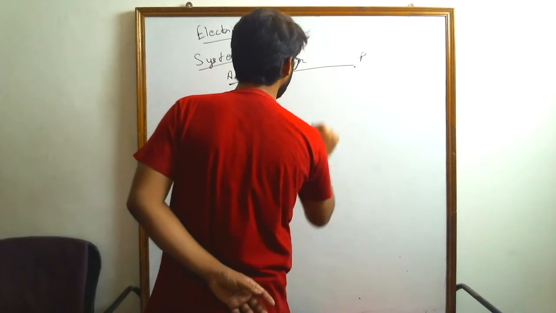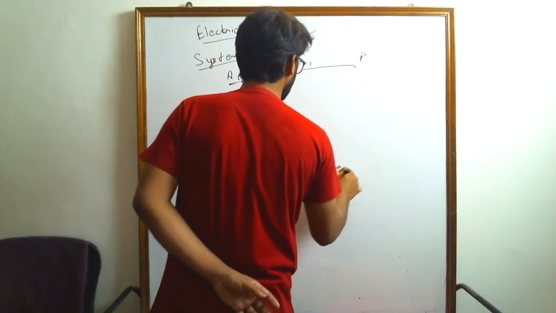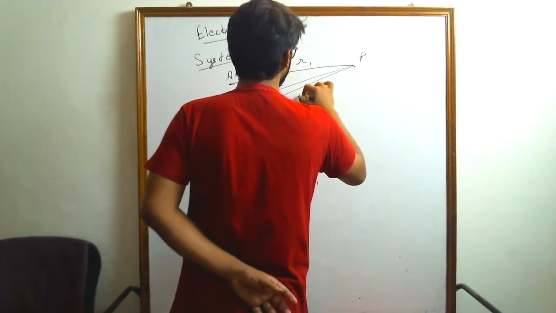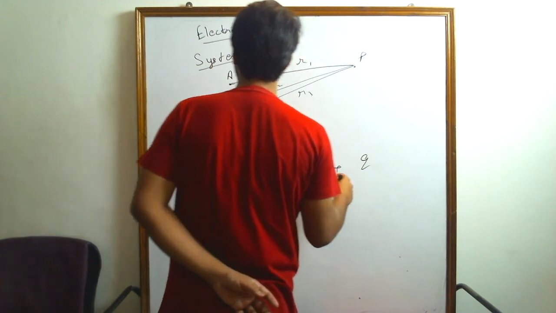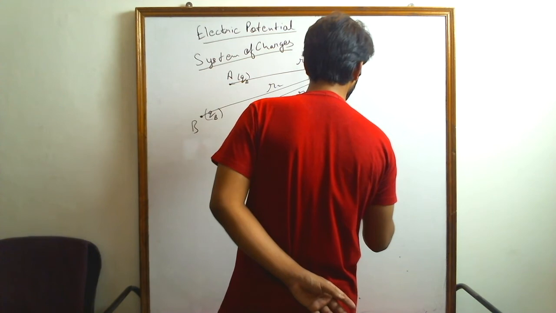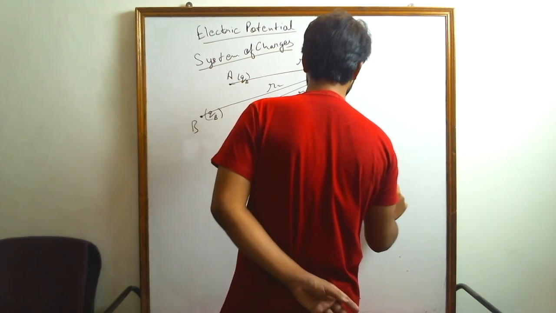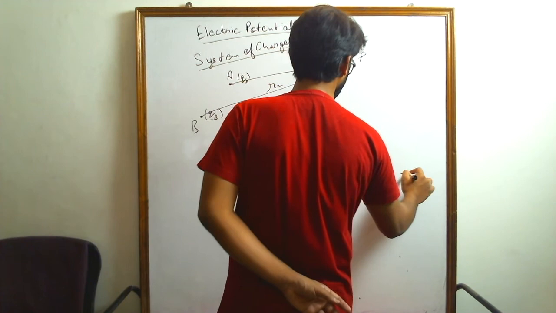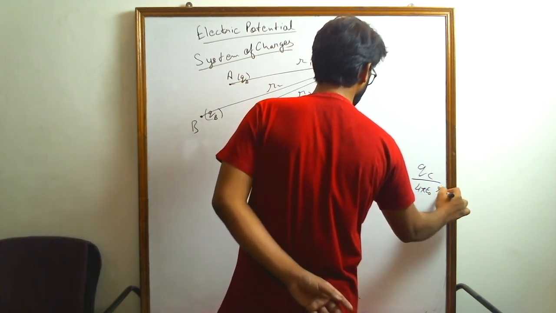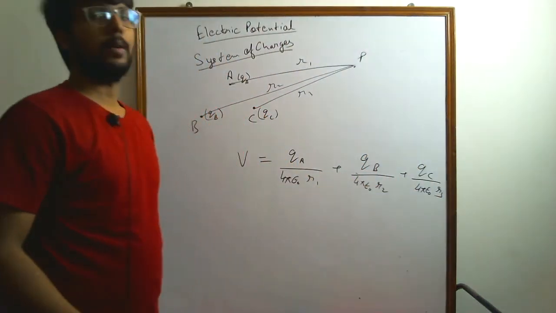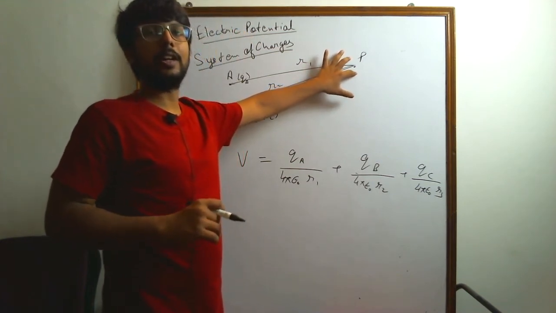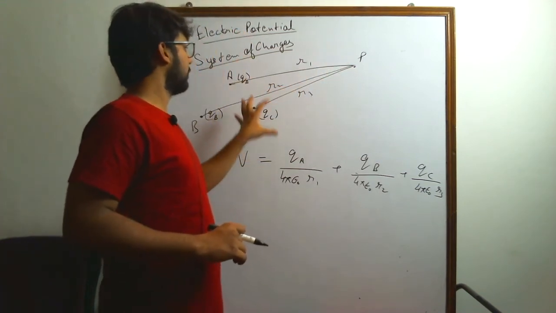This is R, this is R2, this is R3, so plus QB upon 4 pi epsilon R2, and so on. And this simply becomes my potential at point P by a system of charges.